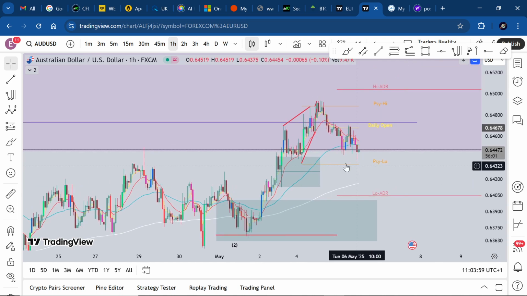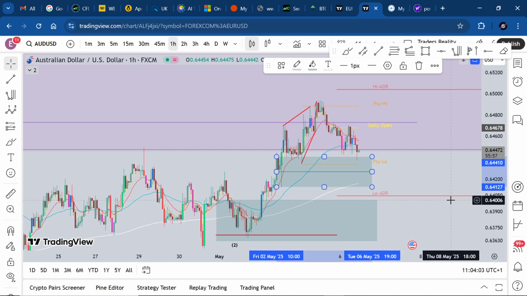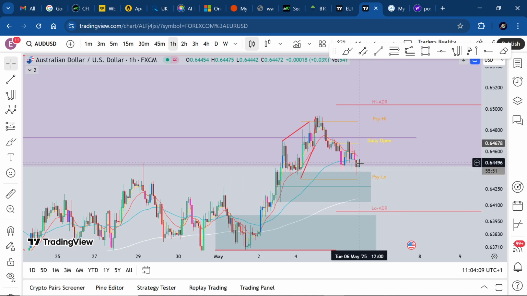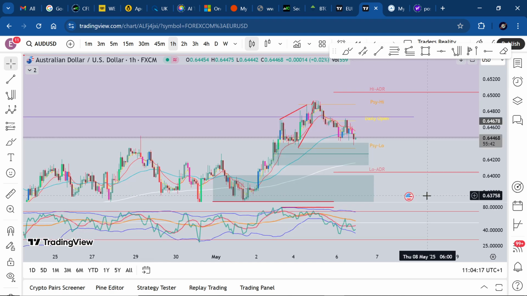Now my bias for NZDUSD is potentially higher if it follows AUDUSD, because for AUDUSD I'm clearly just looking for buys somewhere in this box, most likely here, some form of an accumulation, take price higher on AUDUSD. So that's my analysis for the USD pairs.